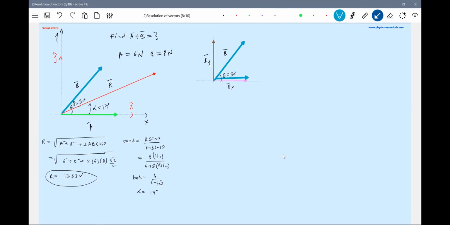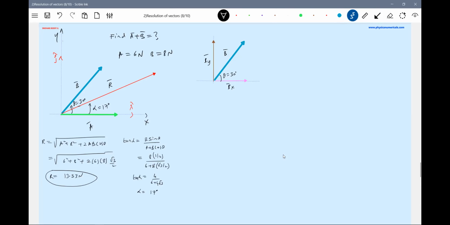The one along the x-axis will become the horizontal component, Bx. The one along the y-axis will become the vertical component, that is By. That is what we are trying to find out.